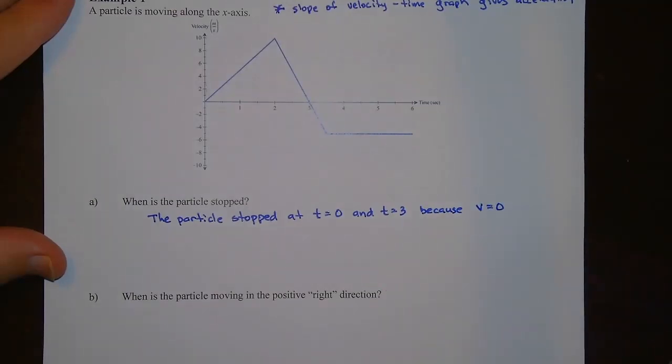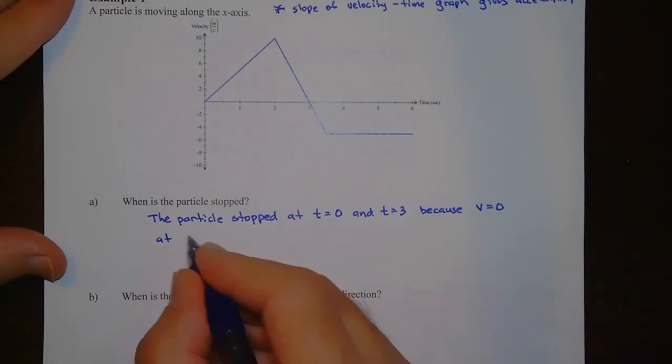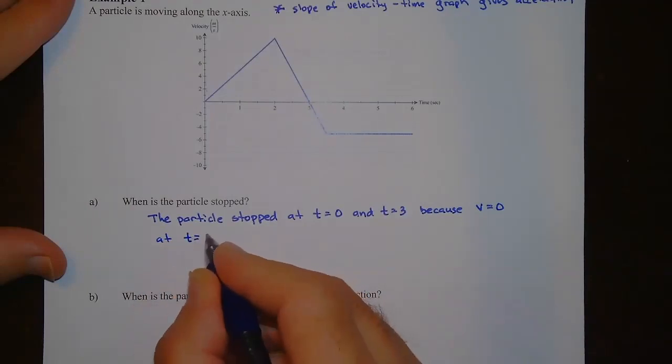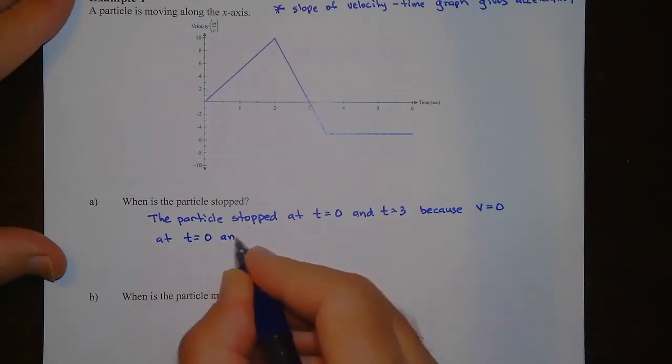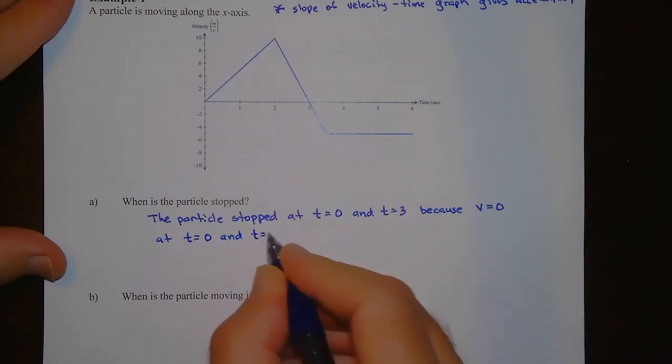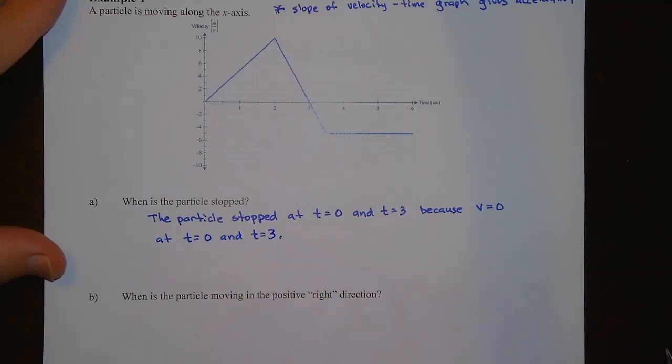The velocity is equal to 0 at t equals 0 and t equals 3. Okay, so that's the reason why it stopped. That's why we know it stopped. It's because velocity is 0 there.